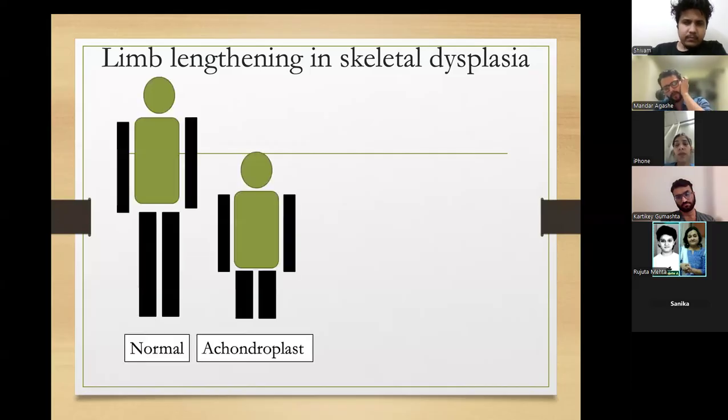So basically, remember, we are dealing with a disproportion of the limb segments, right? So the limb lengthening, if at all we need to do, is basically to decrease the disproportion of the limb segments. Whatever and how much ever lengthening you do, in how many ever steps, femur, tibia, whatever, the child is never going to be within two standard deviations of the normal height.